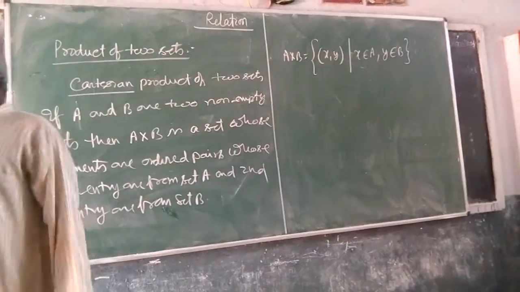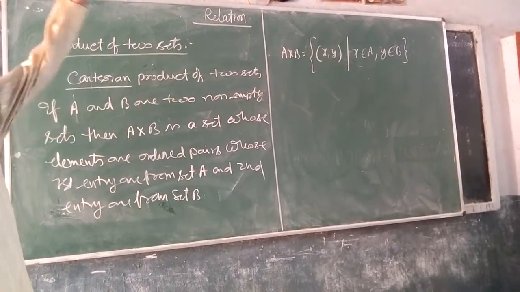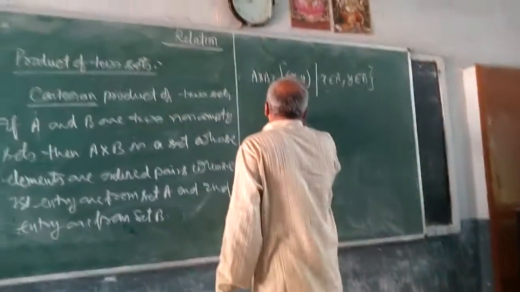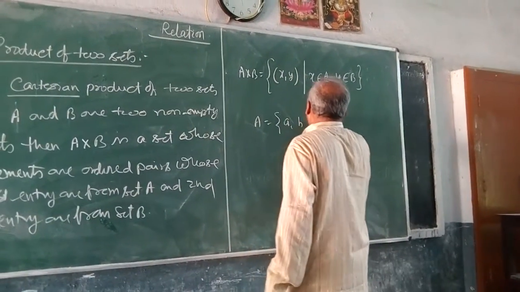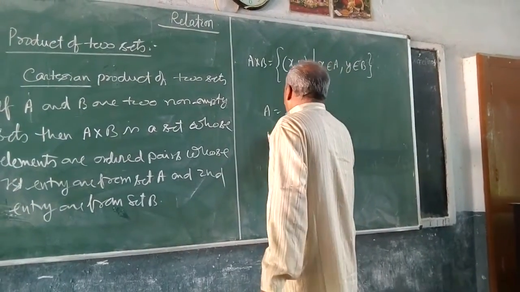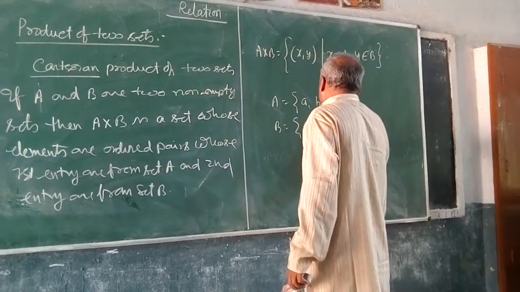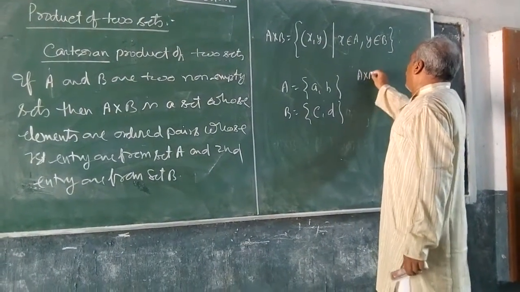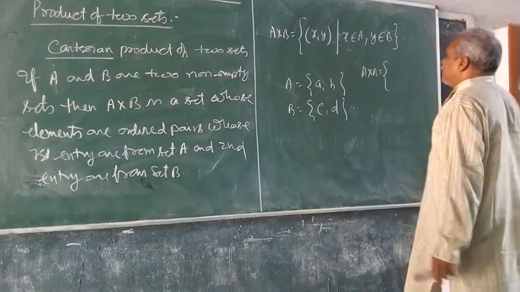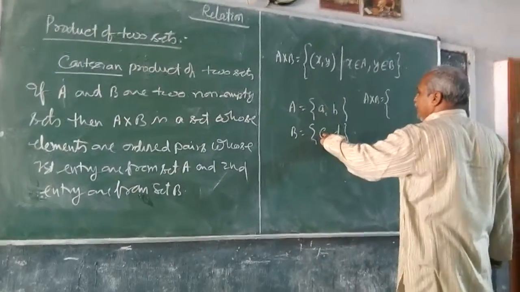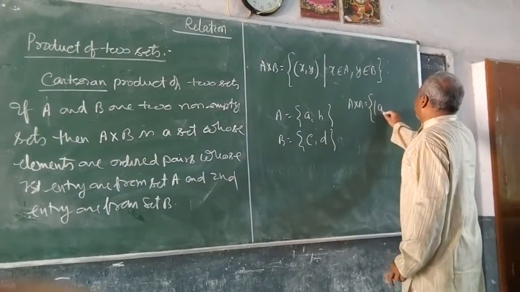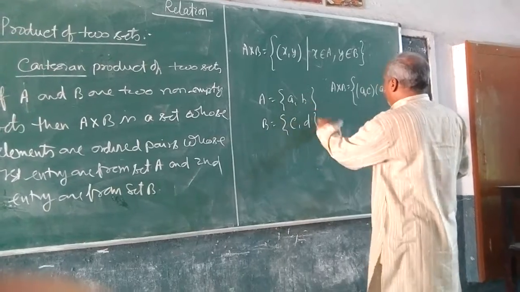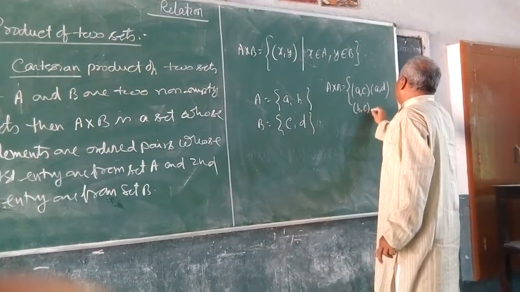In a similar way, you can find the multiplication of many sets. For example, suppose A equal to {a, b} and B equal to {c, d}. To find A cross B, we start from A: (a,c), (a,d), (b,c), (b,d).